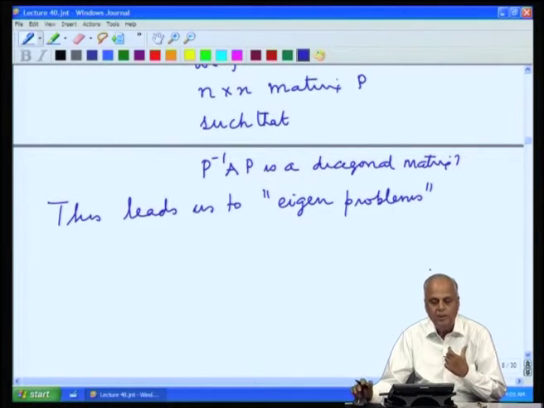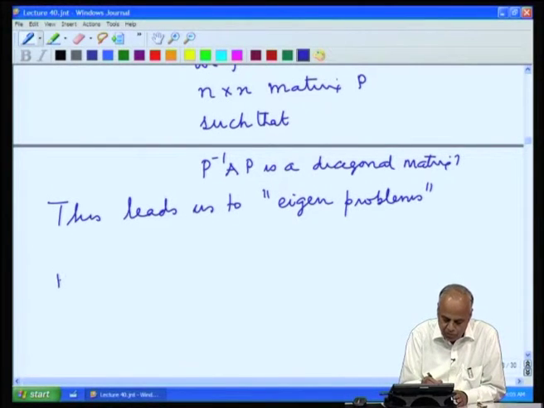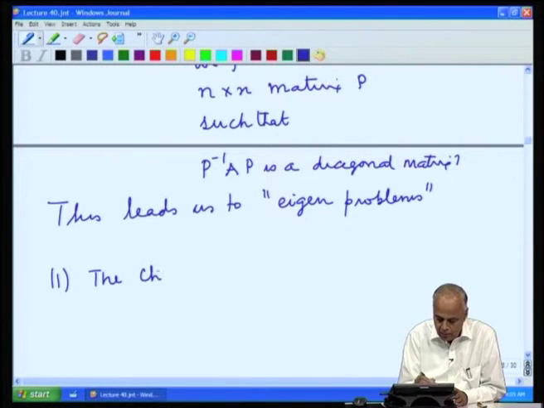So, what was the answer that we got? We first introduced the notion of the characteristic polynomial.